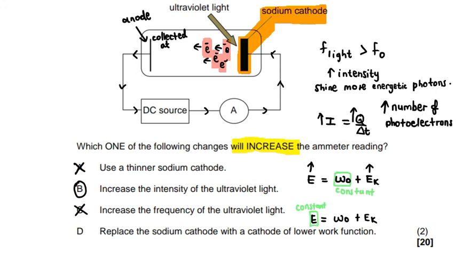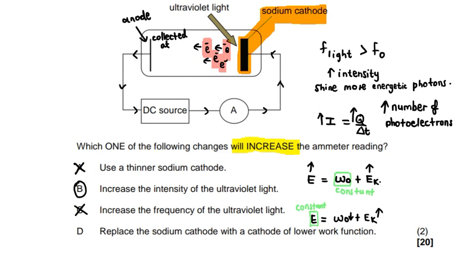Now, if this value is a constant, let's say like 5, and you have now decreased the work function, that's basically going to mean that the kinetic energy must increase. If you decrease the work function, in order for the sum to remain the same value, you need to add on a larger amount.